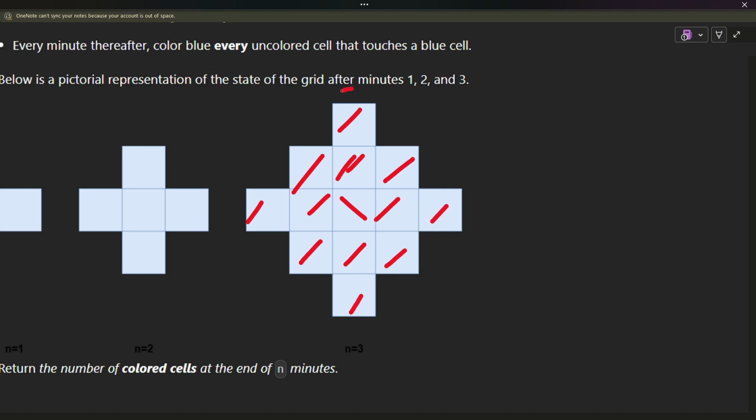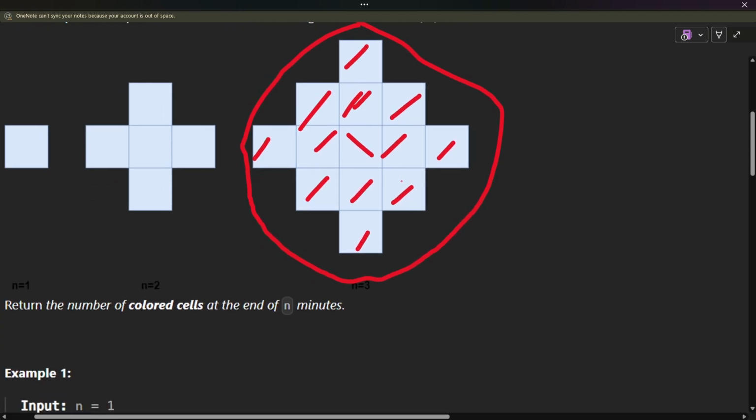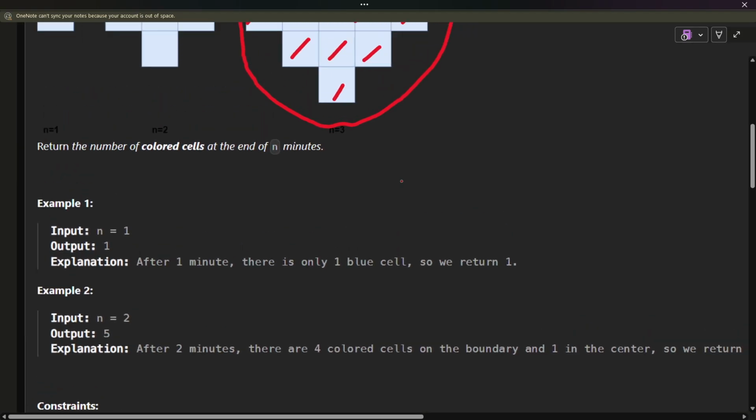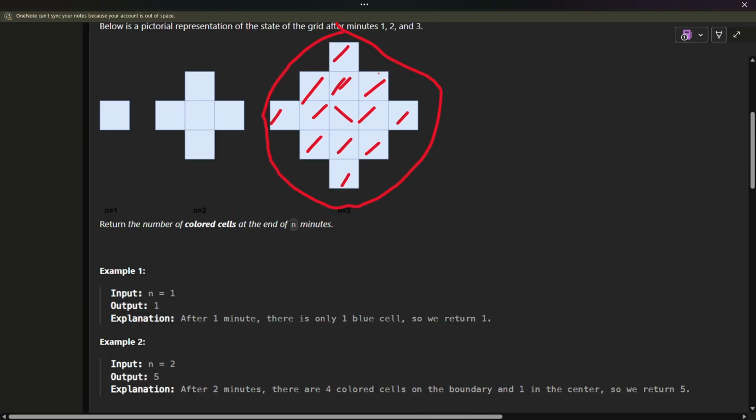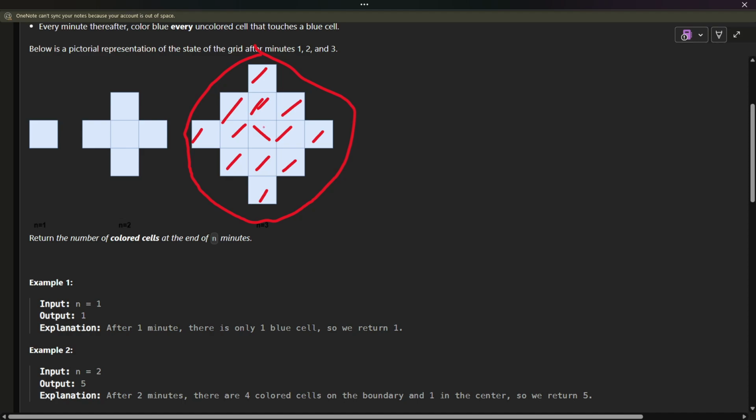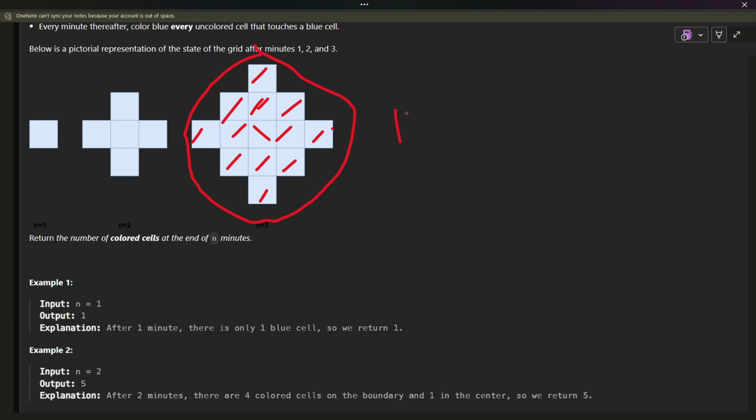So in total, how many cells are colored? If we count it, it will be 1, 5 here, then 6, 7, 8, 9 and so on. So in total, 13 cells were covered in 3 minutes.